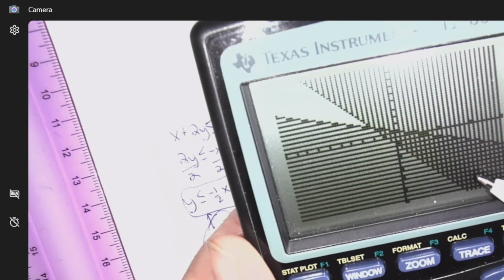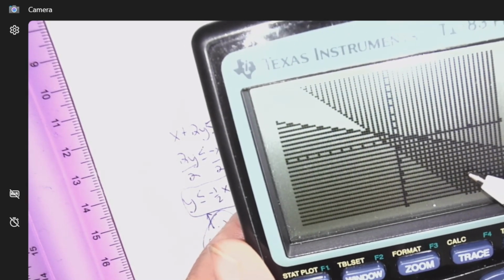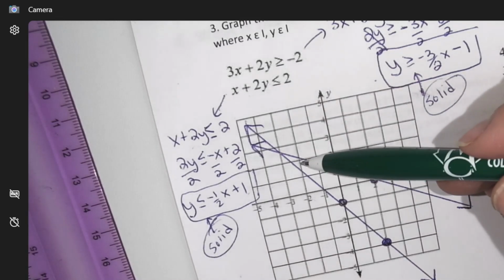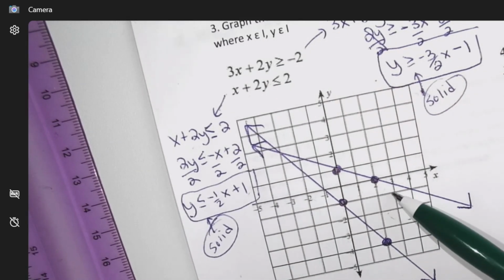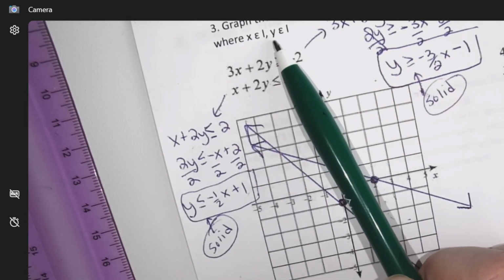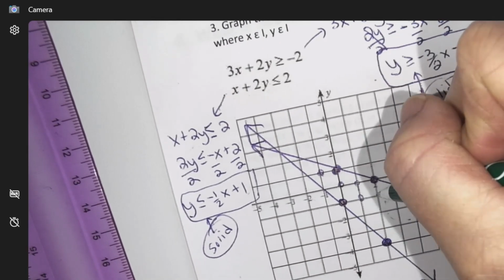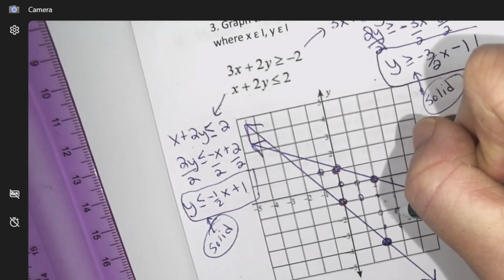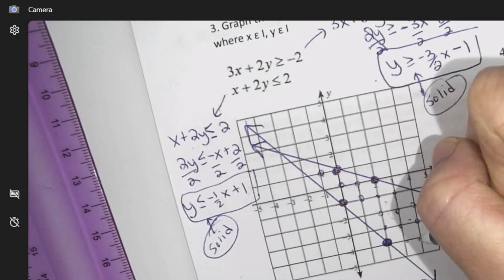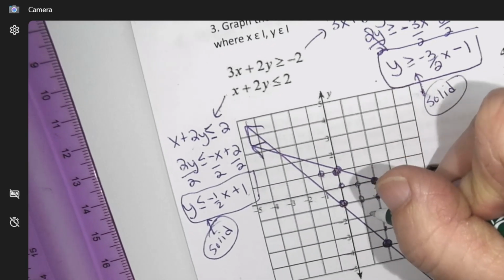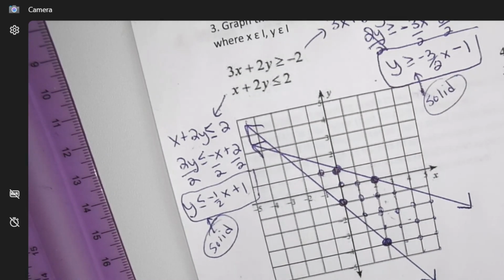And then I can see on my calculator, this is the zone that works. So I'm in this zone right here. But it tells me I, again, have to only be integers in that zone. So I'm going to show you integers with a few stippled dots. I'm the integers in that zone. That's what works.